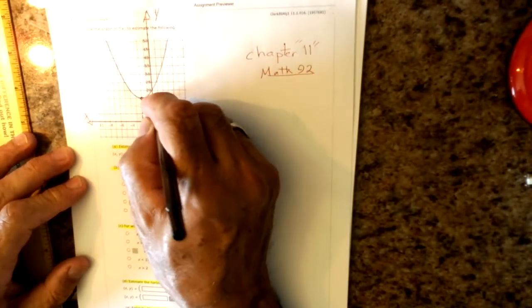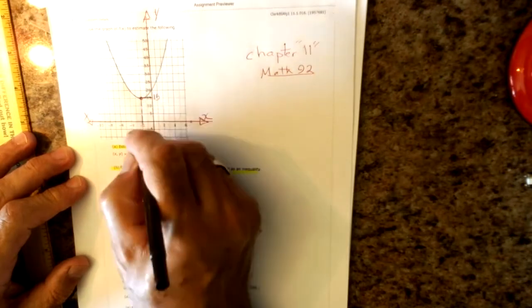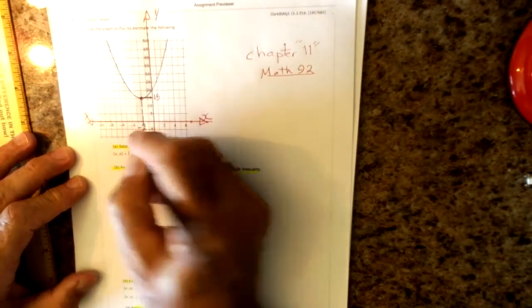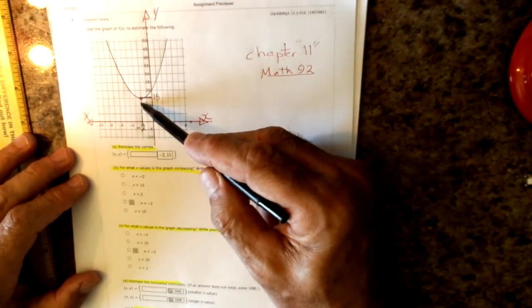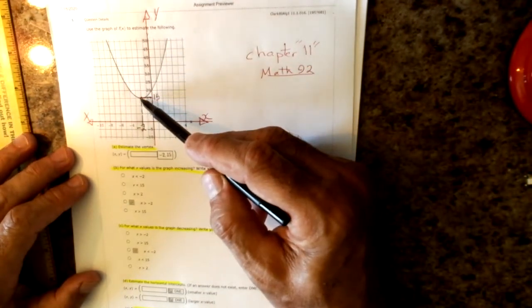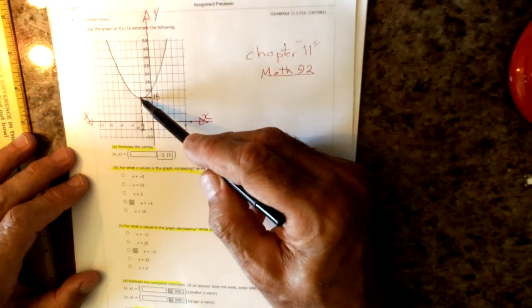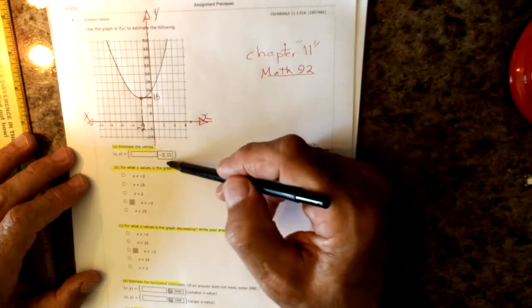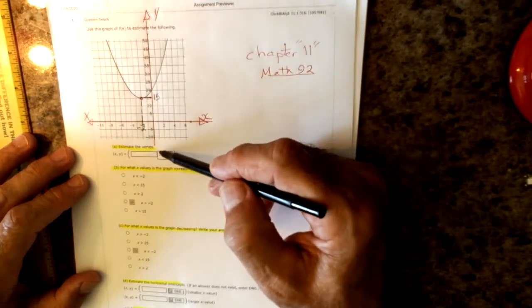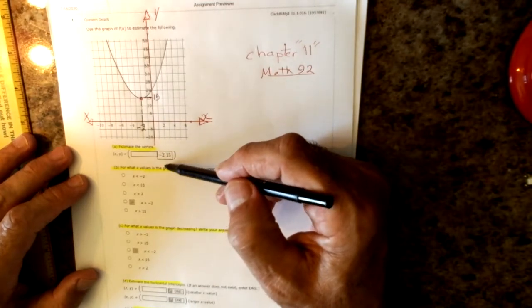So for this point, y is 15 and x is -2. The lowest point of the graph is the vertex. To find the coordinates of this point means to find x and y. So (-2, 15) is the vertex.